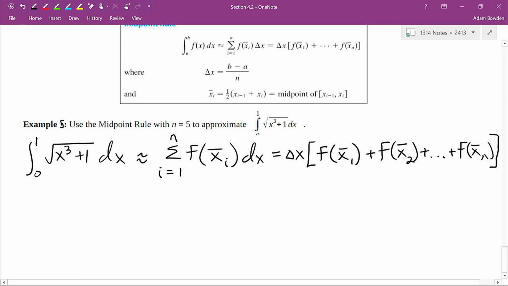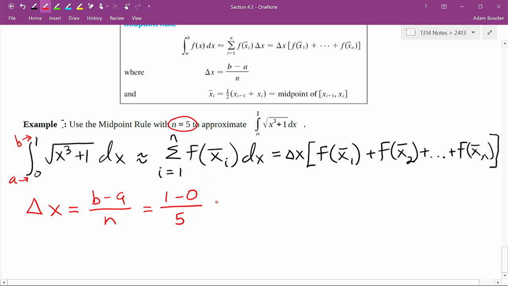So let's use the formulas that they have laid out up above there, where delta x is equal to (b minus a) over n. Here again, b is the upper bound of integration, and a is the lower bound of integration. So this would look like 1 minus 0, and we're going to be using n equal to 5, so over 5.